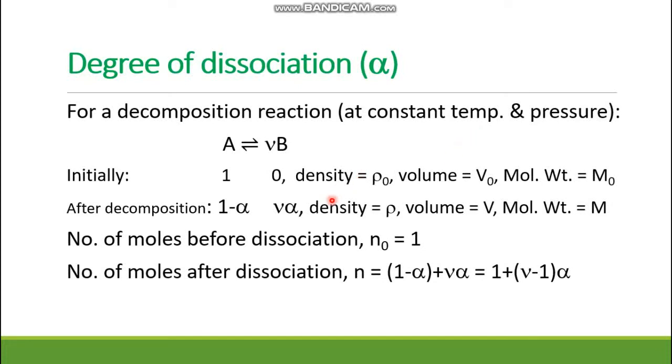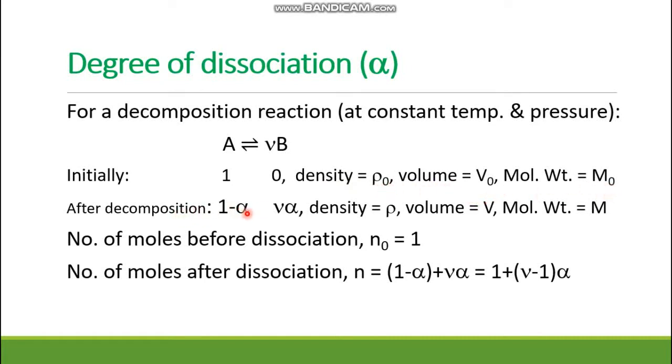Now if the substance is decomposing, the number of moles within the cylinder is increasing, so the piston would move upward in order to maintain its pressure. Then the average density would decrease. Initially the density should be rho 0, the volume V0, and molecular weight M0.